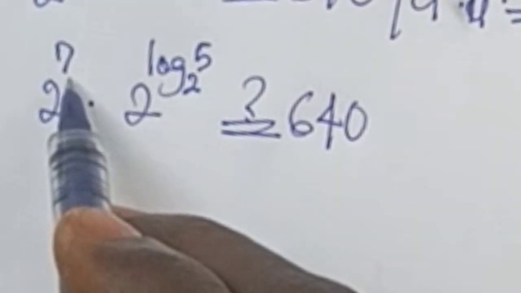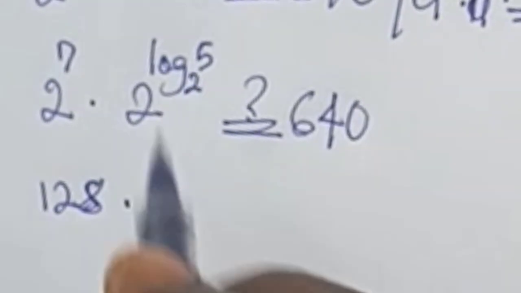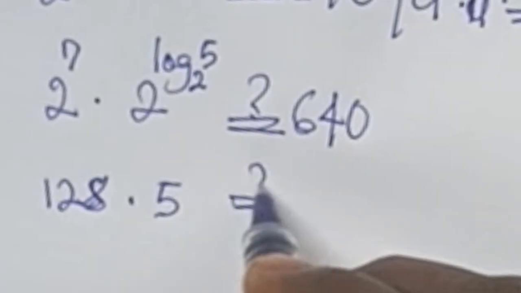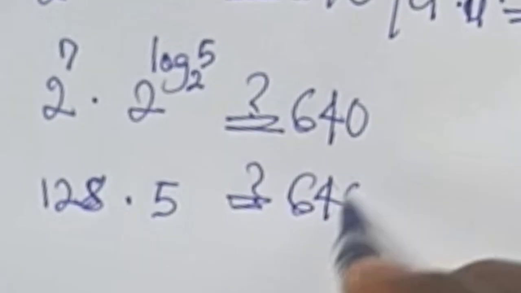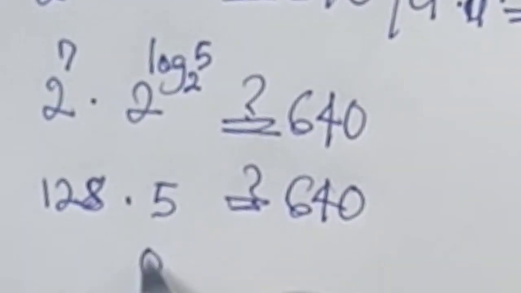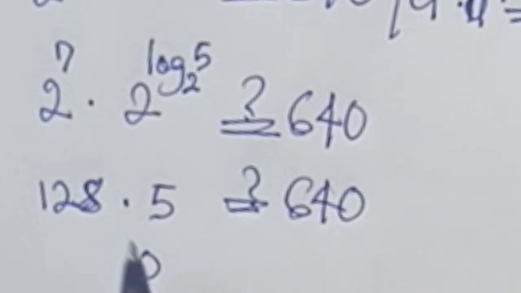So 2 to the power of 7 is 128 times this part, 2 to the power of log 5 base 2, which is equal to 5. We want to know if this is equal to 640. 5 times 8, that is 40. Write 0, carry 4. 5 times 2, that is 10, plus 4, 14.